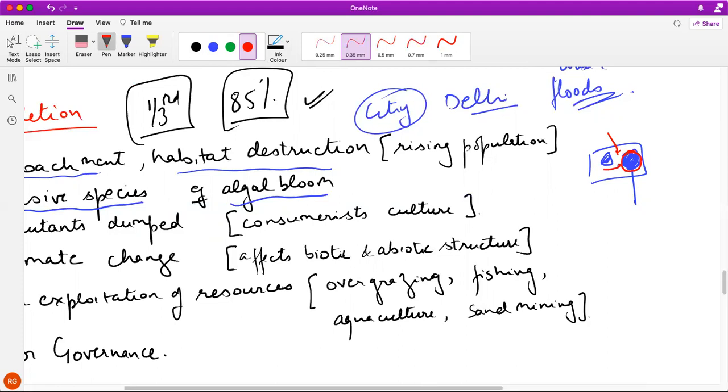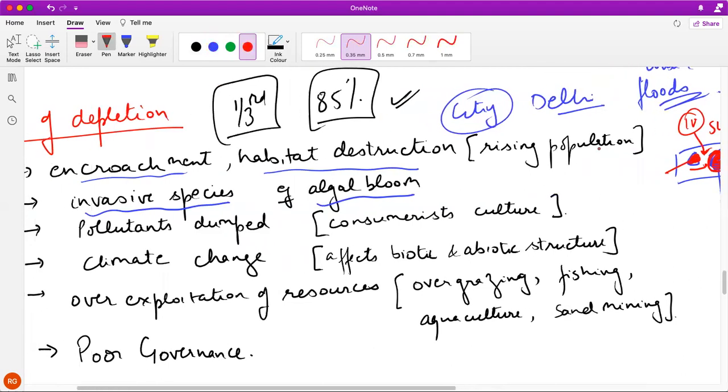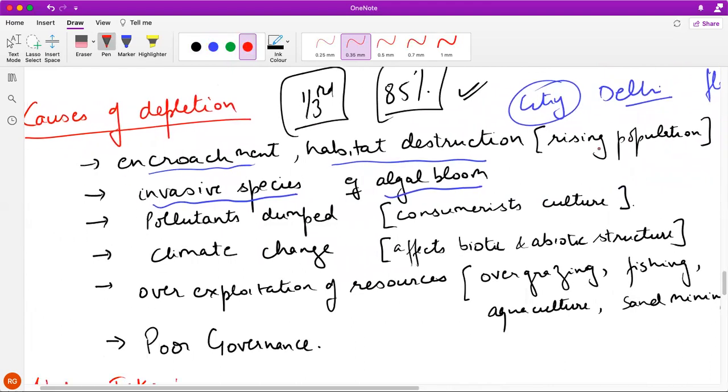Now competition is rising over these resources. So survival of the fittest, and such invasive species don't have predators in the ecosystem, so they are able to survive, and the native species tend to die. So wetlands are losing their ecological character.